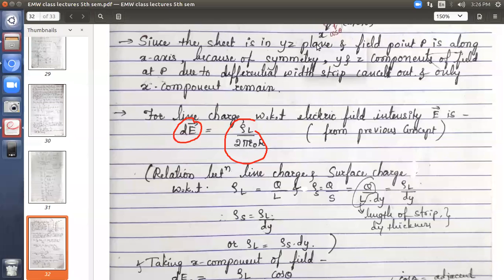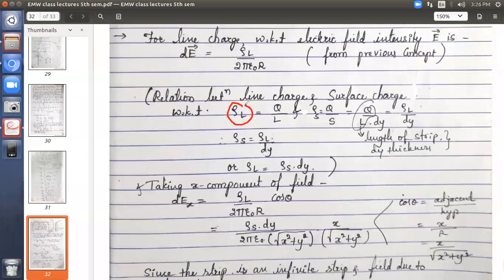Now let us see the relation between rho L and rho S, because we have to find rho S in terms of E, according to the heading, field due to a sheet charge. We have this expression already, so we will see the relation between these two and substitute.